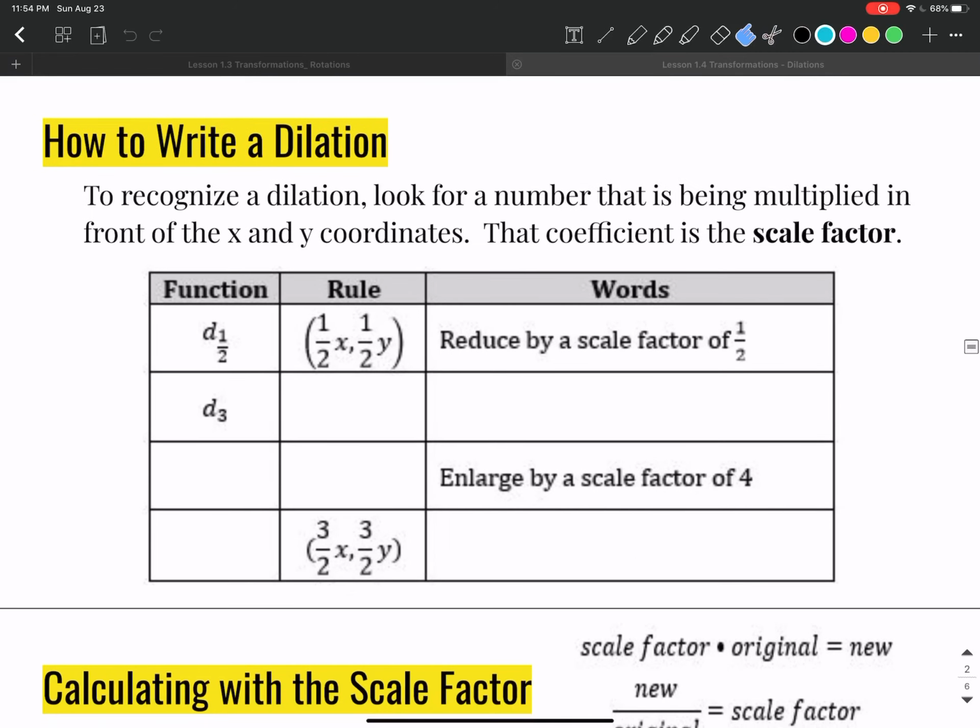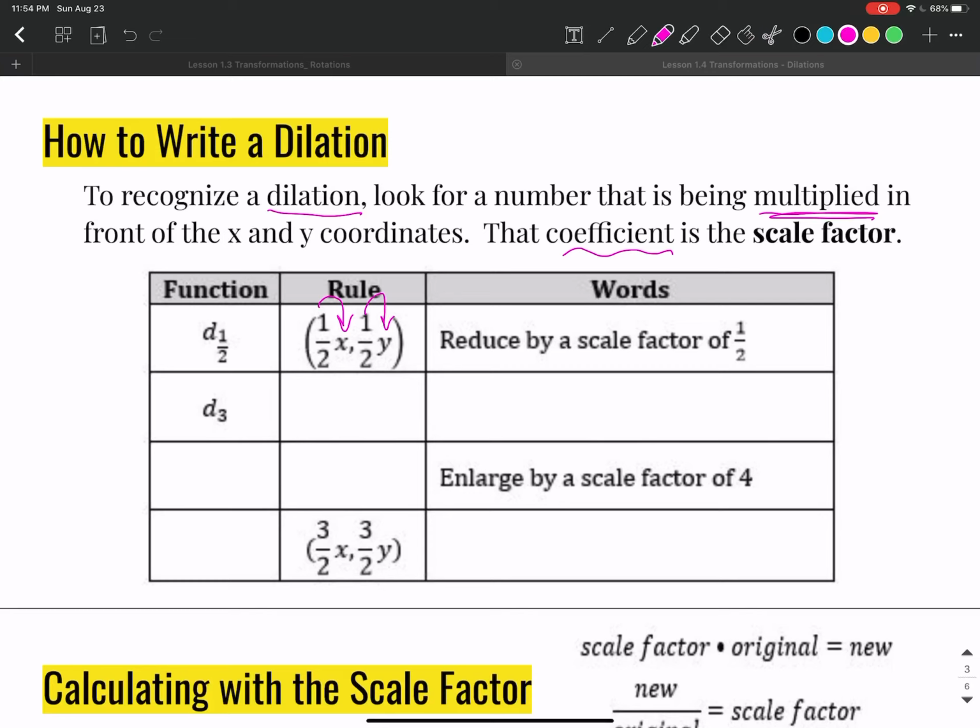So let's look at how to write a dilation. Just like for our other transformations, we have some rules and also the function and the wording. So for us to recognize a dilation, we need to look for that number that's being multiplied in front of x and y. Remember that number is called a coefficient. So for example, we have a rule here with the 1/2 being multiplied in front of x, just like 1/2 is being multiplied in front of y.